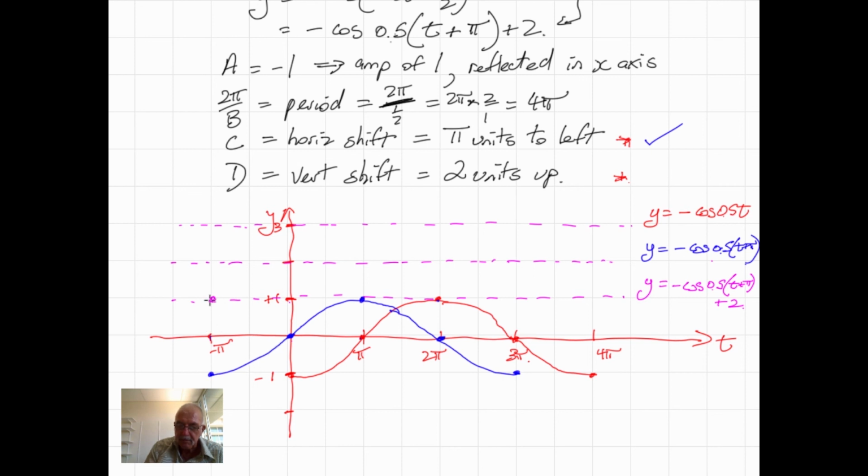This one will go up 1, 2, to there, this one will go up to there, this one will go up 2 units to there, and this one will go up 2 units to there. So we've got a graph that looks a little bit like that. It will continue on. I think that one will go up to there.